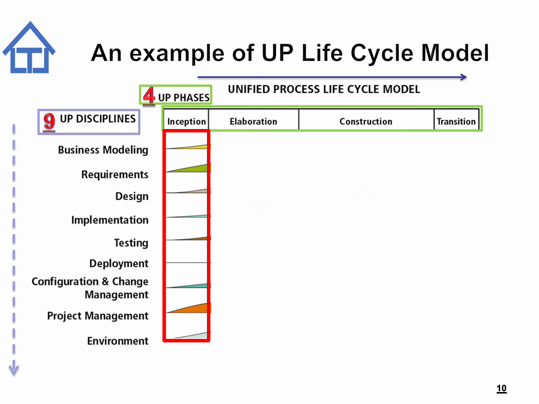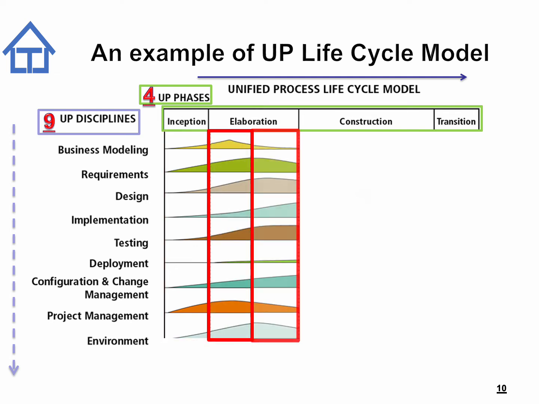Once the iteration in the inception phase is complete, the project proceeds onto the next phase, which is the elaboration phase. For the elaboration phase, the project was divided into 2 iterations. Similarly, for each of these 2 iterations, all the tasks in the 9 disciplines were undertaken.